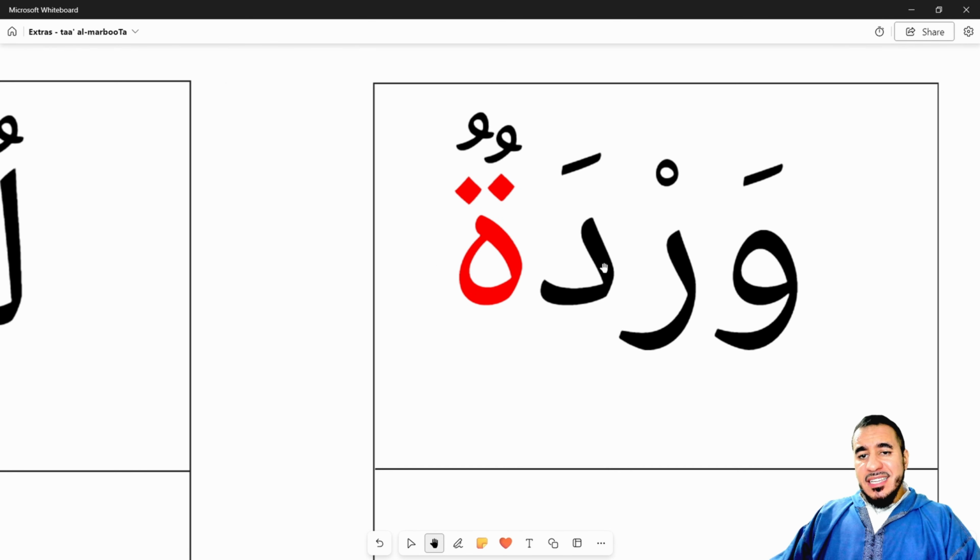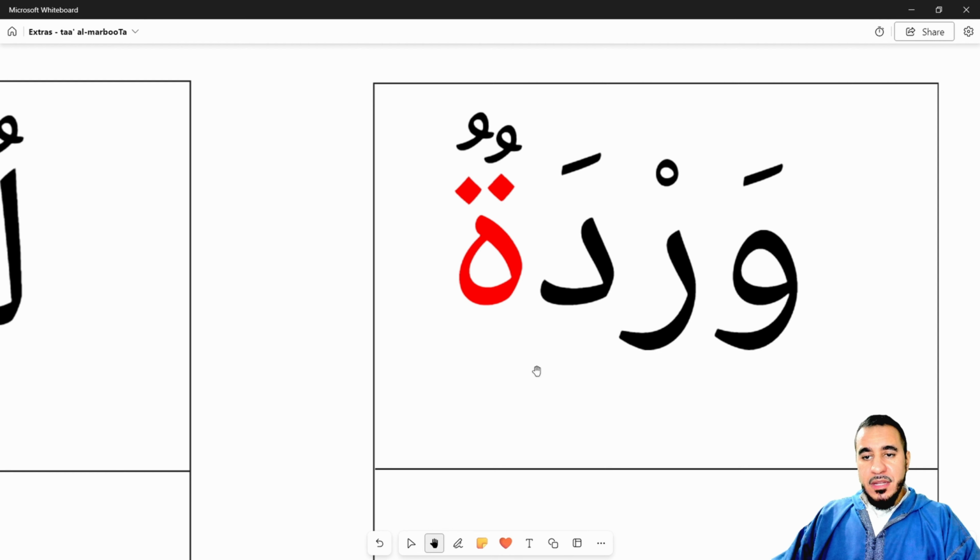When the letter that comes before the ta al-marboota cannot physically join to the next letter, then we will have this type of ta al-marboota. It will be separate from that letter, and it will be a circular shape, just like the ha. Remember the ha, when it's by itself, it looks just like this, but we've added two dots because it's the ta al-marboota.